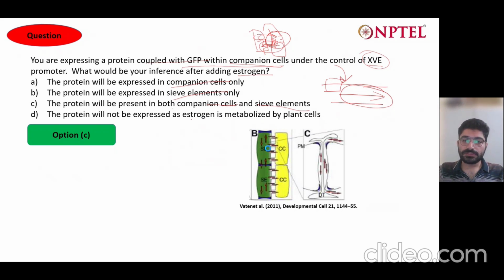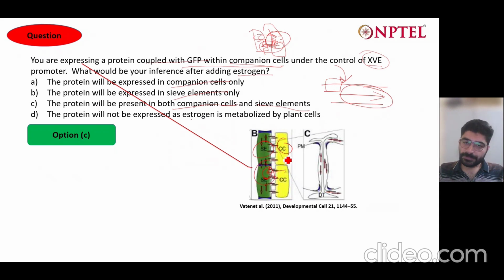So they are in constant connection because of the plasmodesmata. And all the things of the sieve elements are controlled by the companion cells.